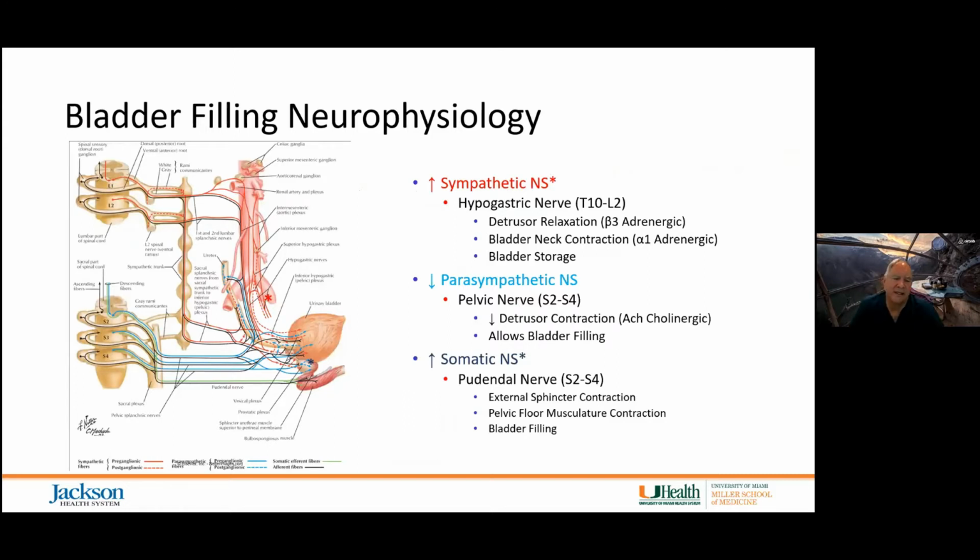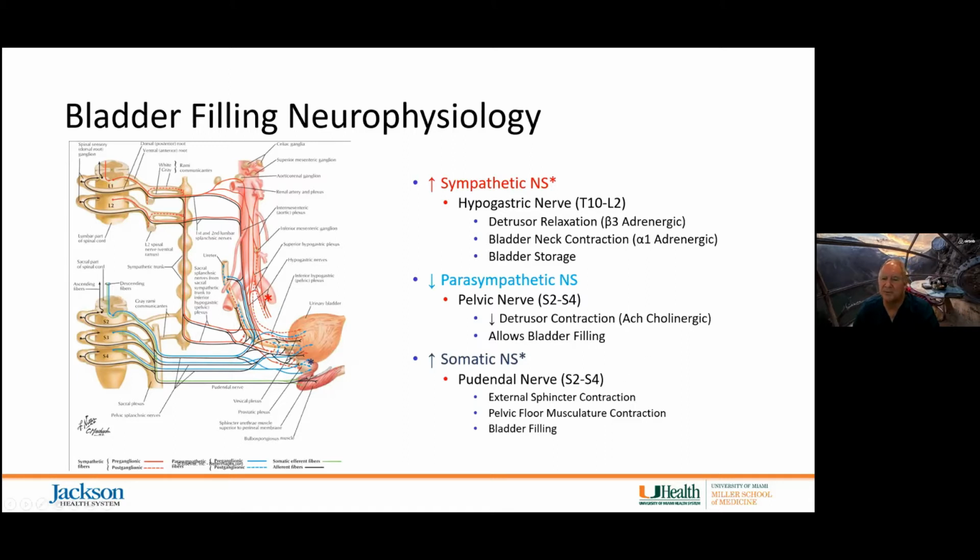So bladder filling is influenced by the sympathetic nervous system, parasympathetic nervous system, and somatic nervous system. Under conditions of filling, the increased sympathetic nervous system is going to allow for detrusor relaxation, bladder neck contraction, and bladder storage. You're going to have a decrease in parasympathetic influence along the pelvic nerve, so that you end up with decreased detrusor contraction, and this allows for bladder filling as well.